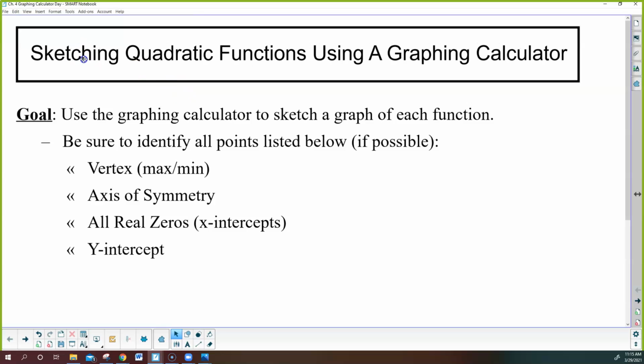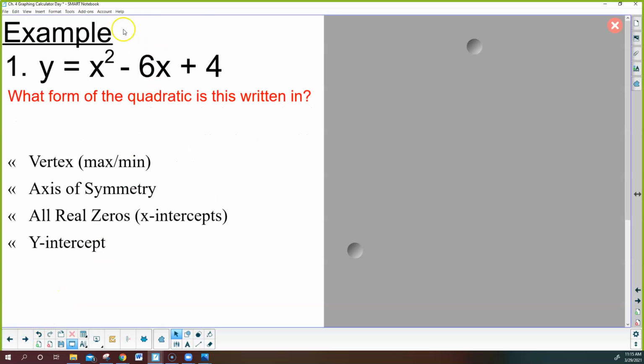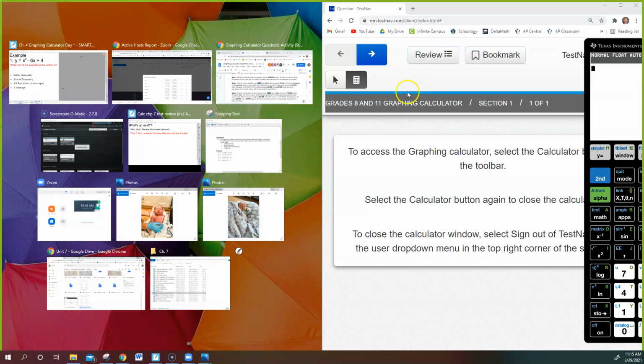But let me show you what we're doing. Our goal is to learn how to use our calculator to find these four pieces. Okay, and by the way, don't take notes today. You don't need to write any of this down. I just want to show you. I want this to be quick and something you can just quickly make reference to.